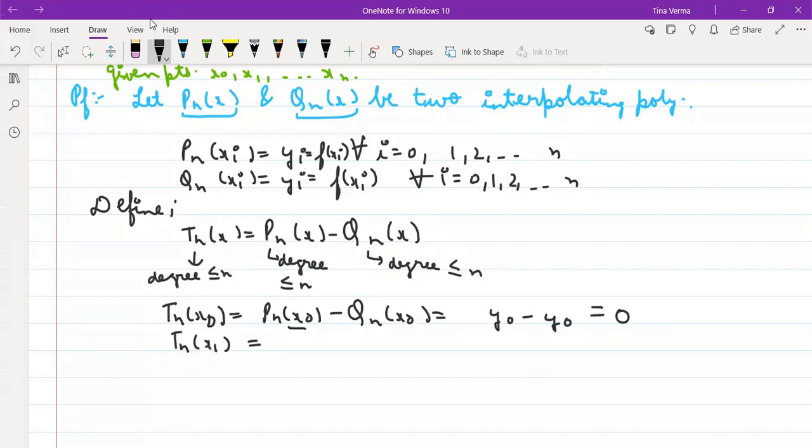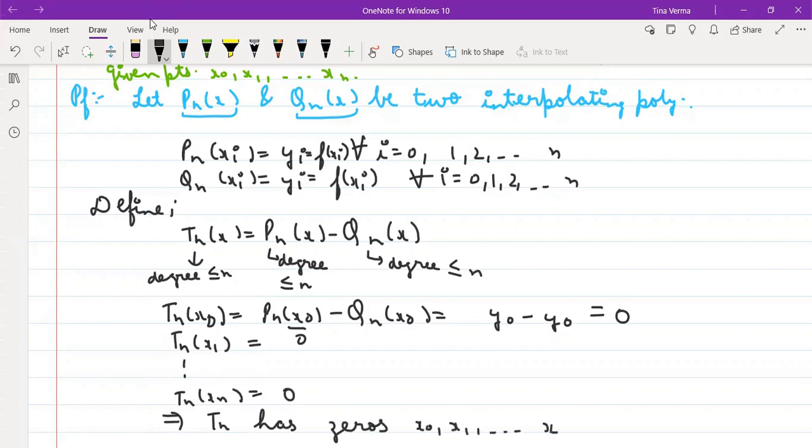Tn(x1) भी क्या होगा, 0, अप टू Tn(xn), xn भी क्या होगा, 0. दैट मीन्स Tn हैज zeros x0, x1 एंड xn.